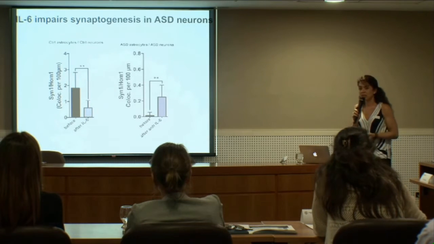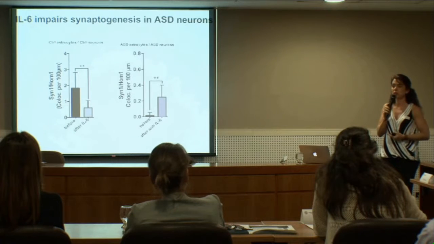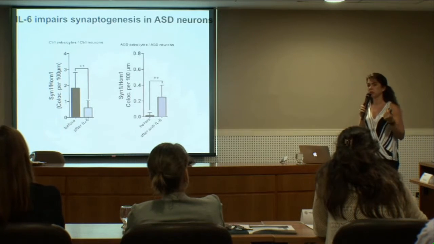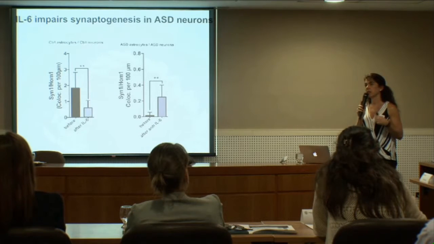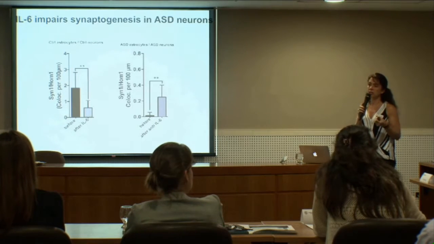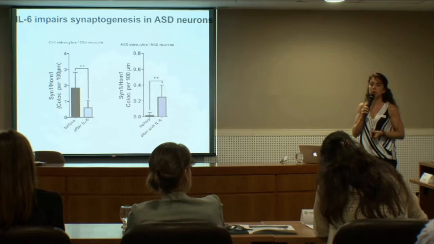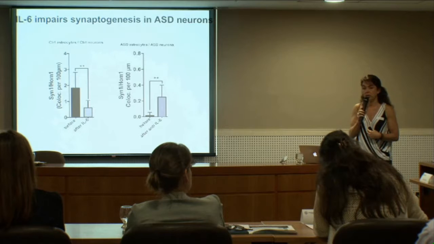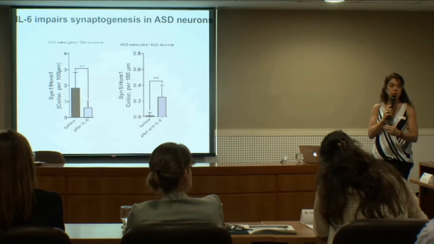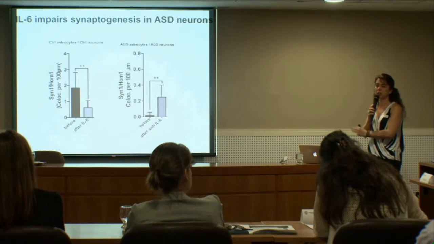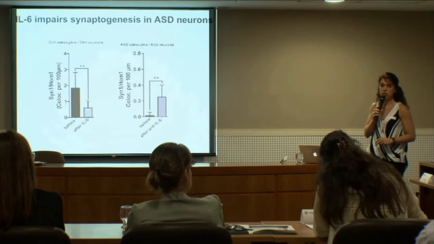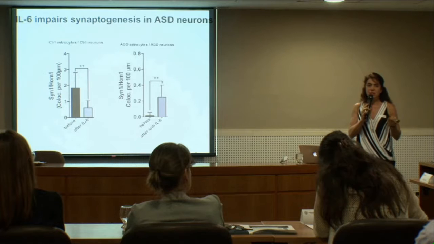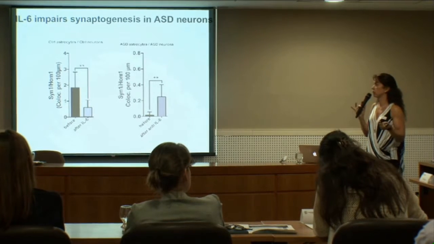Thinking about the IL-6 and trying to see if we could do something related to it: the IL-6 level is high when you have people with refractory seizures. One of our patients has a lot of seizures, so we tried to see if we could block this at some point and see what happens.